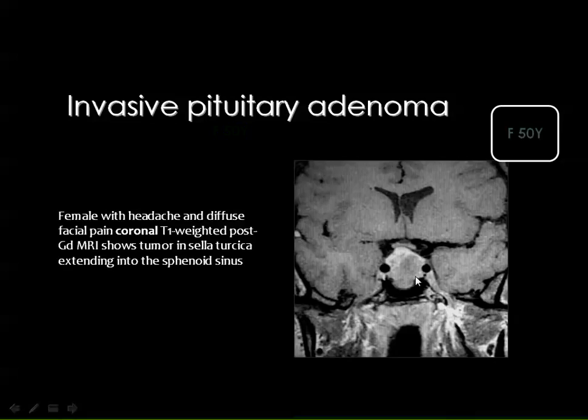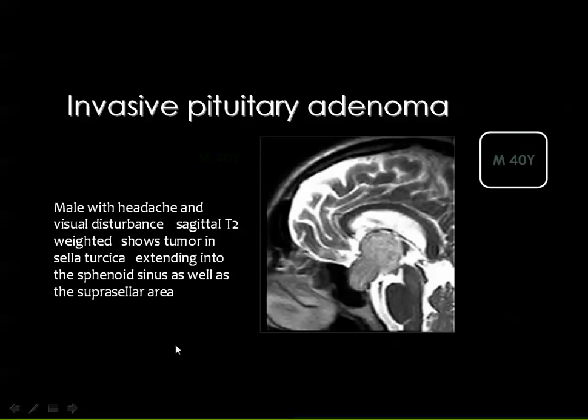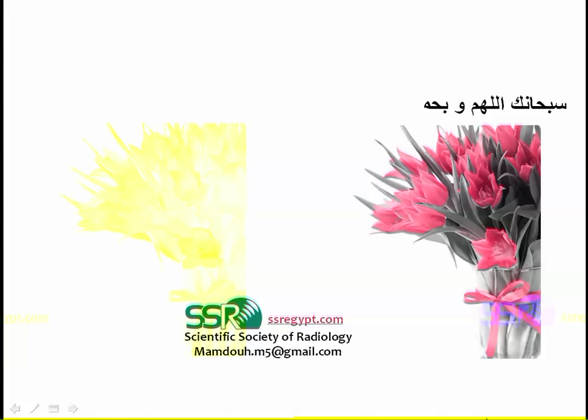When I handle the imaging of the sella, you will see that some of the pituitary tumors are invasive, and they destroy the sellar floor and invade or extend into the sphenoid sinus, like this invasive pituitary adenoma, which has extended in the suprasellar area and also invaded the maxillary sinus.